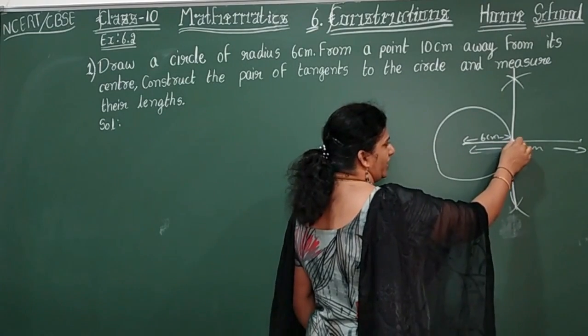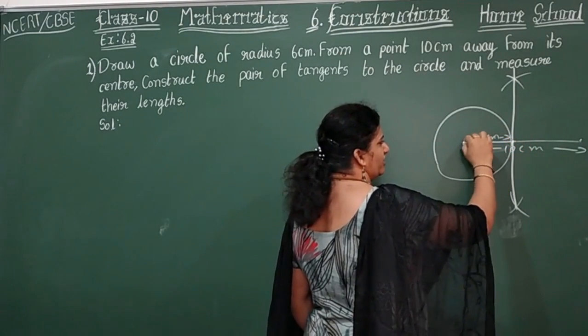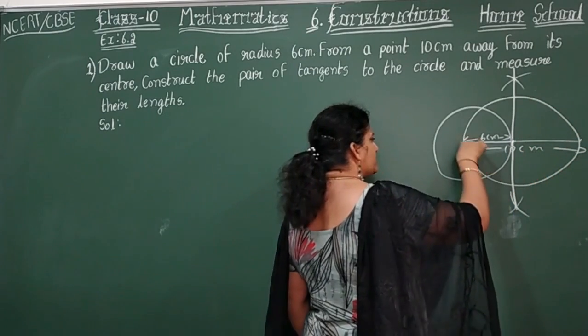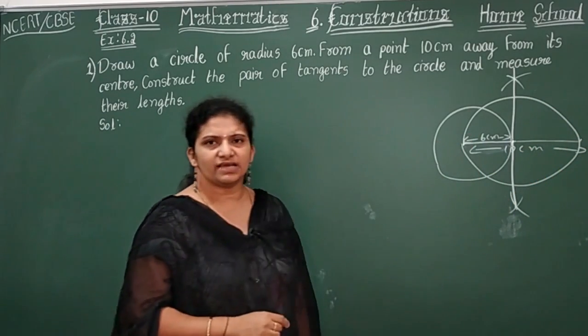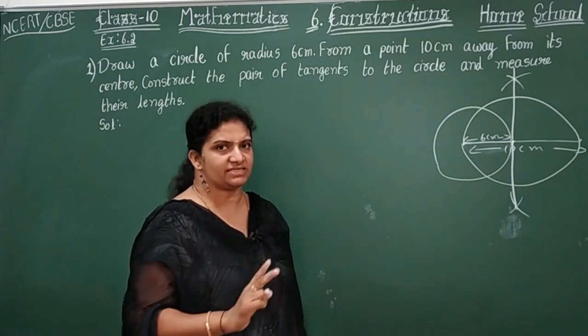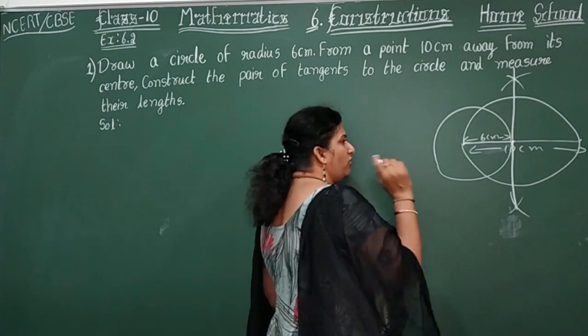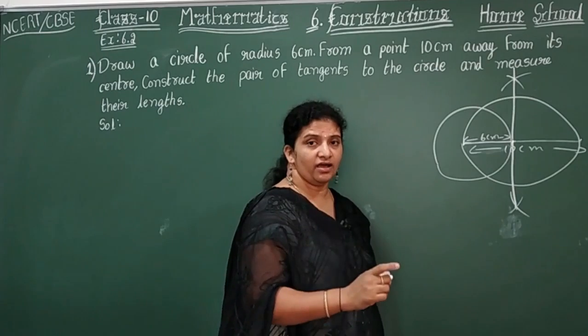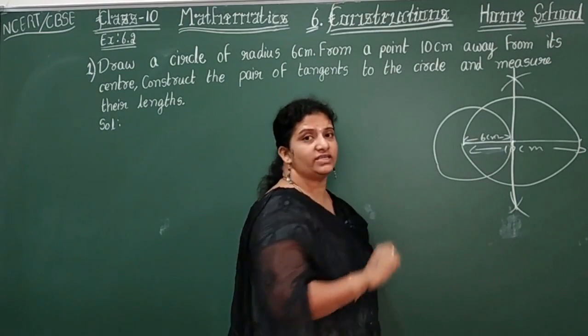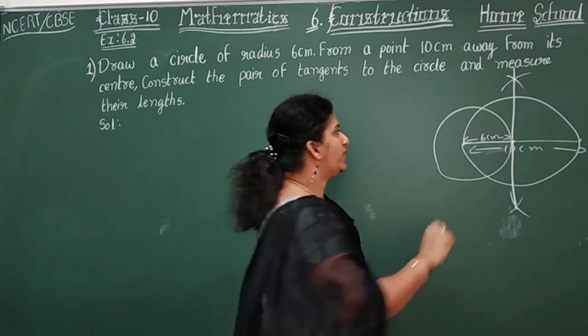So after getting your bisector, what we are going to do? From this point as a center, measure and draw a circle. Why a circle, children? Two tangents asked. If it is one tangent, you can do a semicircle, that's enough. So now, listen to the words here. A new circle touching the original circle. What is the new circle?